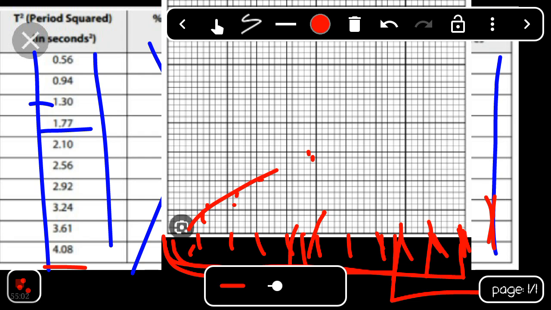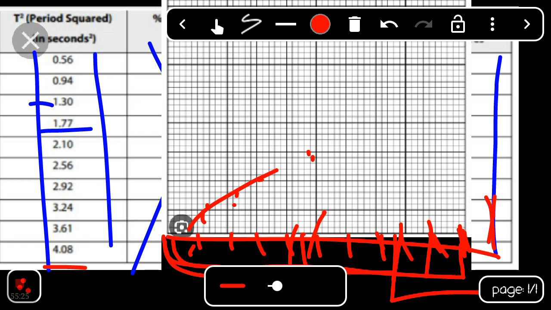Before I used to use the big boxes, but this time I say let me use smaller boxes as well. So for smaller boxes, I now have 10 big boxes, and each of the 10 big boxes has 5. So 5 times 10 is 50 small boxes you have from here to here.